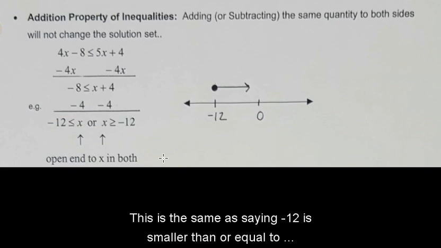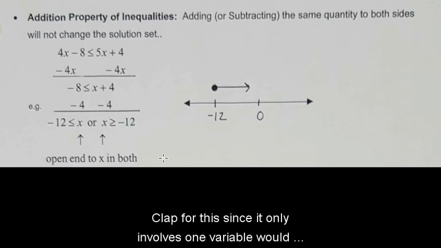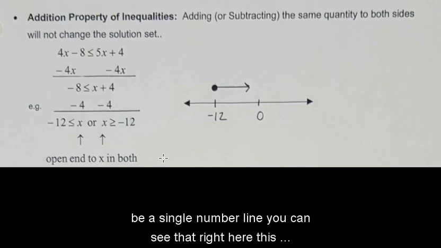This is the same as saying negative 12 is smaller than or equal to x, or x is larger than or equal to negative 12. Now, how would you produce this on a graph? A graph for this, since it only involves one variable, would be a single number line, and you can see that right here.